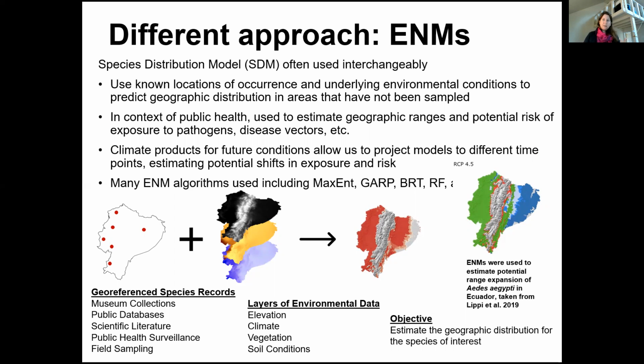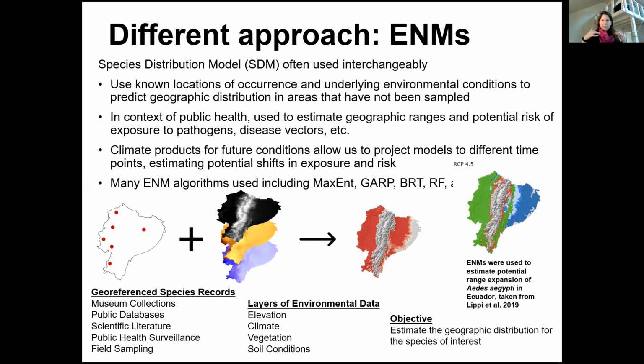There are lots of algorithms out there at the moment for using ecological niche models. I'm going to show you a comparison of just a couple of them. Essentially, in terms of workflow, you can take georeferenced species records, which could be museum collections, public databases, scientific literature, public health surveillance, and field sampling.